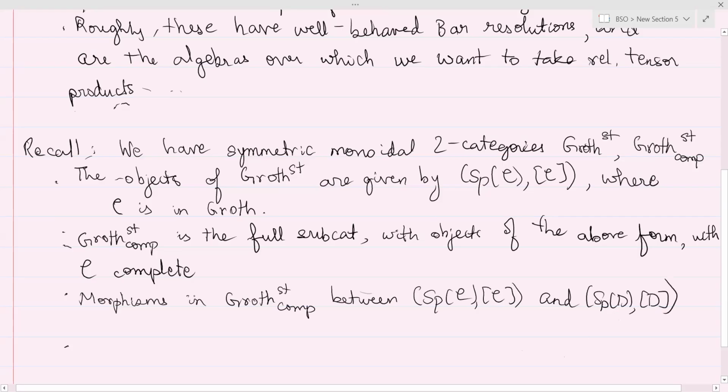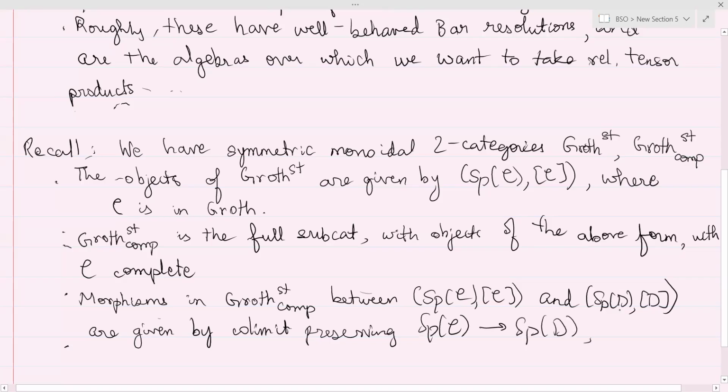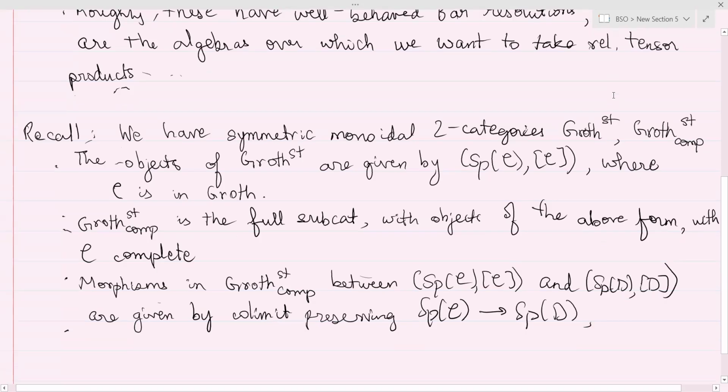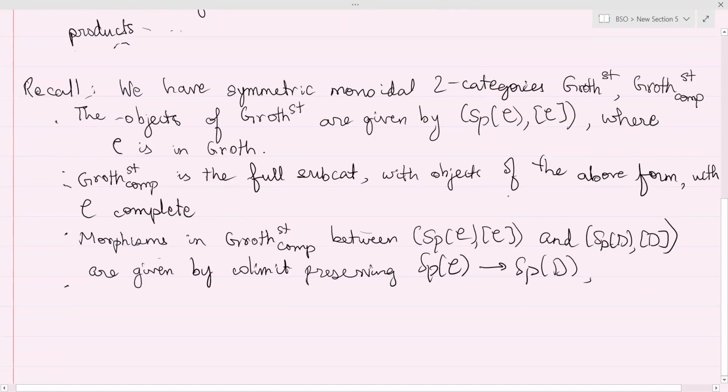This is given by colimit-preserving functors from Sp(C) to Sp(D), such that the right adjoints are right exact up to a shift.